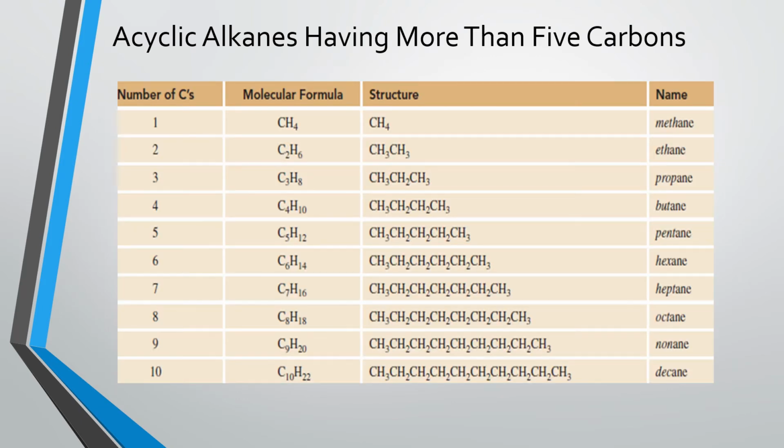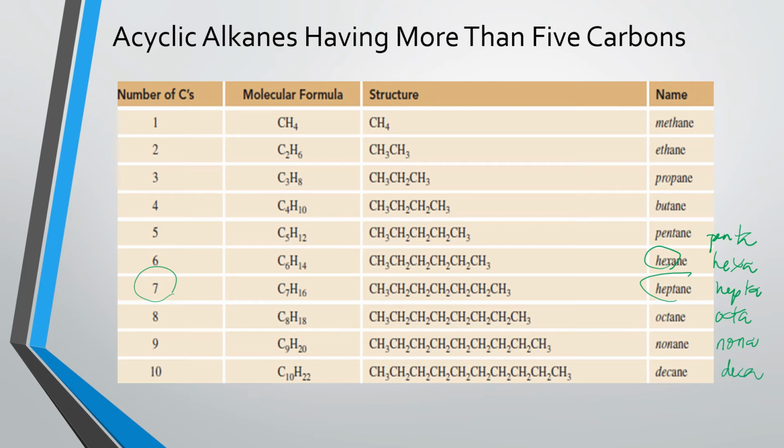So from 5, we have an alkane with 6 carbon atom, hexane, 7, heptane, di ba? Penta, hexa, hepta, octa, nona, and then deca.